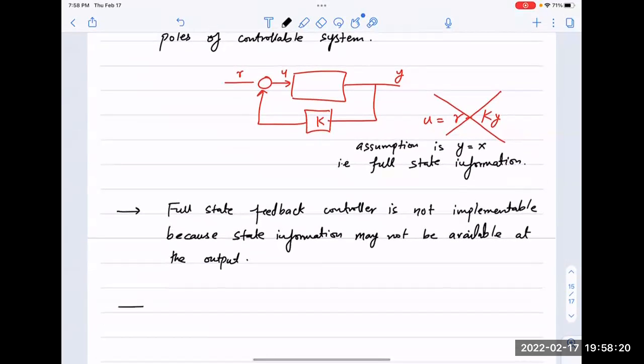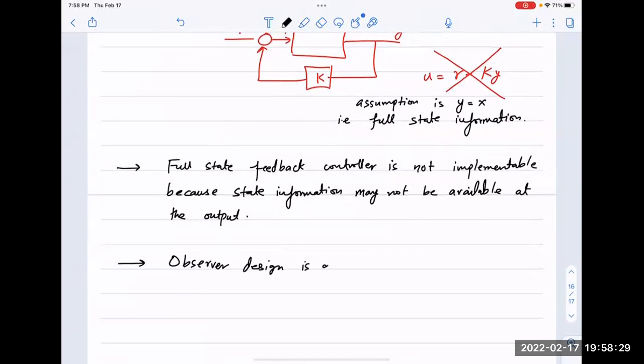And then basically the next step is the observer design. So observer design is a way to estimate the state from the output and the input.